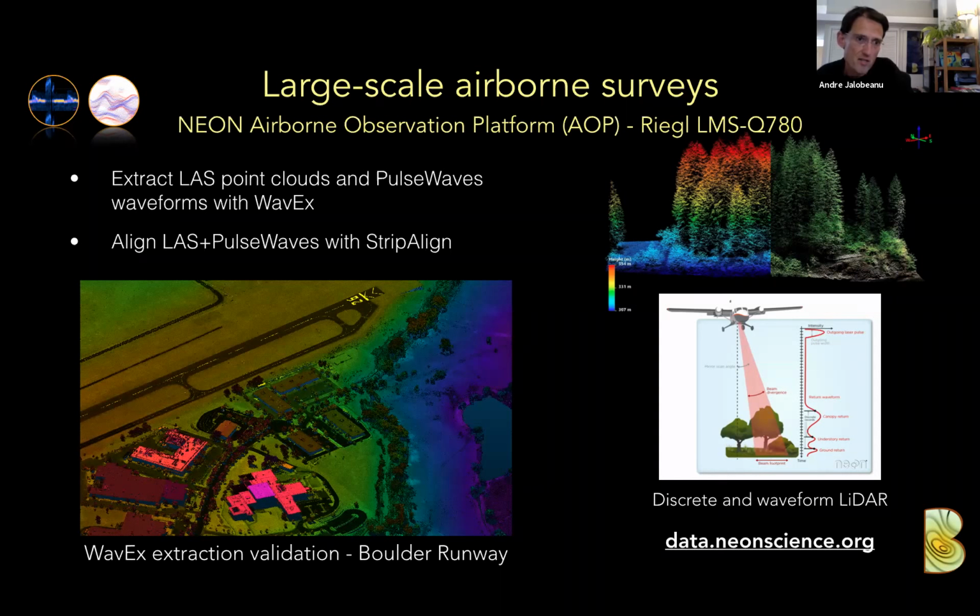So they extract the point clouds and also pulse waves files with WavEx, and then they align both LAS files and pulse waves files with StripAlign before processing and distributing their products.